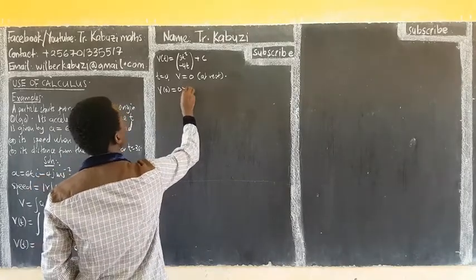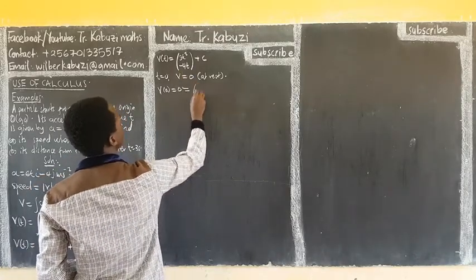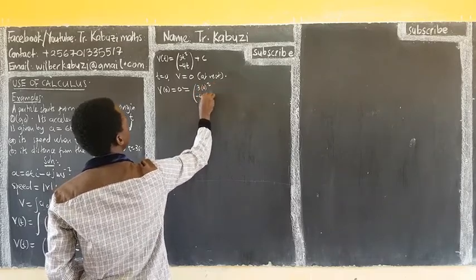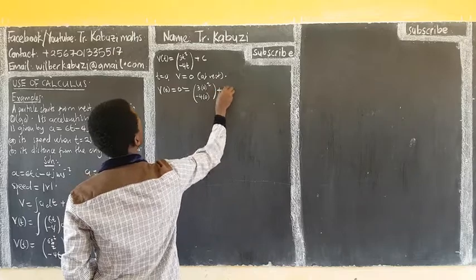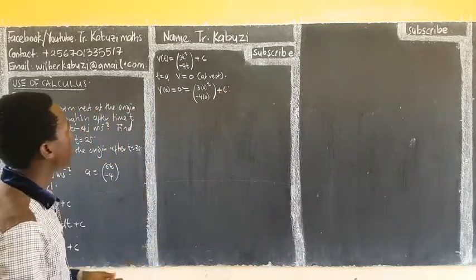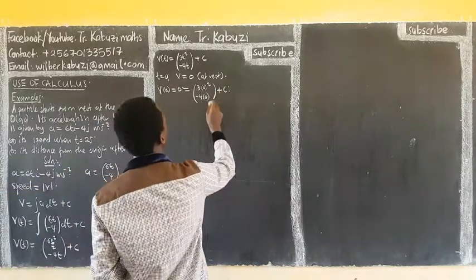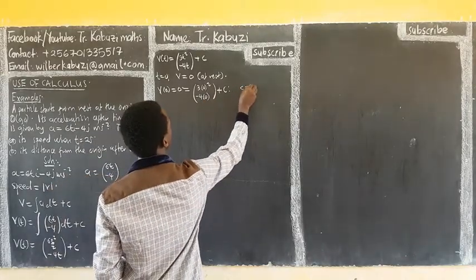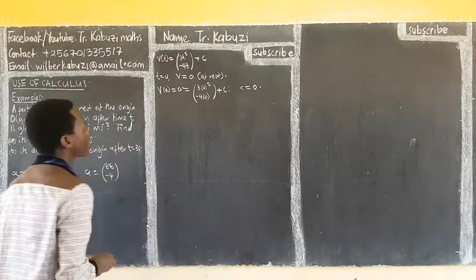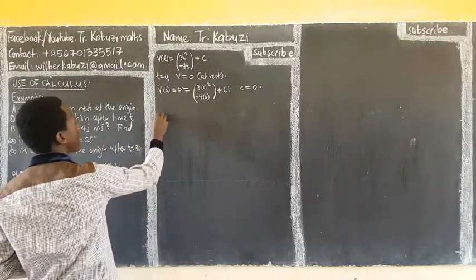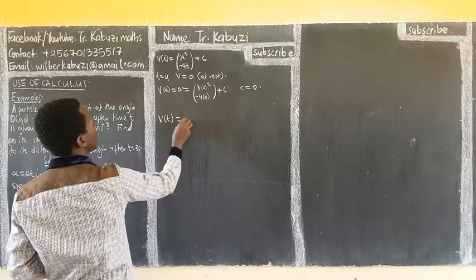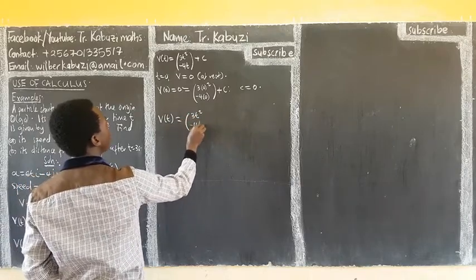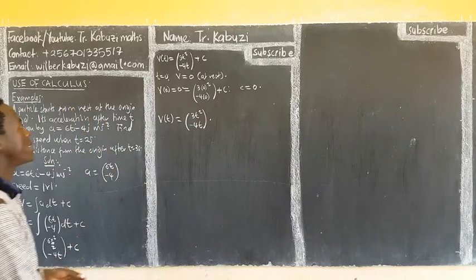Where it is t, we put 0. So we have 3 times 0 squared, then negative 4 into 0, then plus c. What does it imply? It implies that our c is going to be 0. So writing this again, our v at any time t will be 3t squared minus 4t.